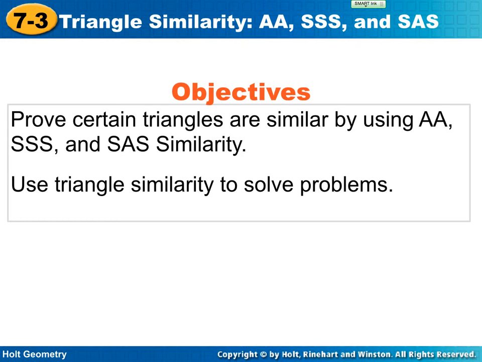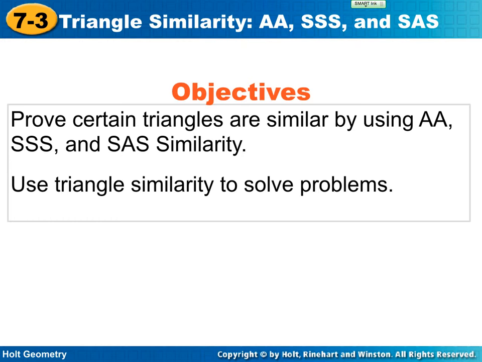If you remember back, which five did we have in congruence? We had side-side-side, side-angle-side, angle-side-angle, angle-angle-side, and hypotenuse-leg. Okay. The angle-side-angle and angle-angle-side, those both have two angles in them.